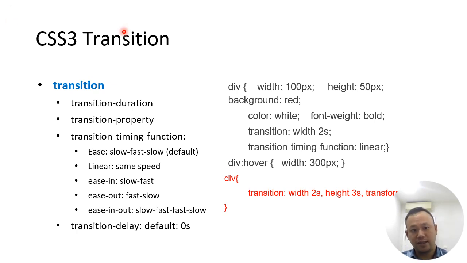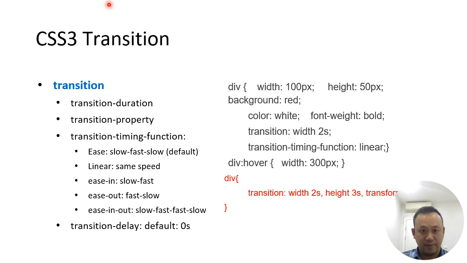For CSS transitions, they allow you to change property values smoothly over a given duration. We have the transition-delay, which specifies how many seconds or milliseconds a transition effect takes to complete. The duration property lets you indicate a time in seconds for the transition effect, and the transition-property specifies the name of the CSS property the transition effect is for.